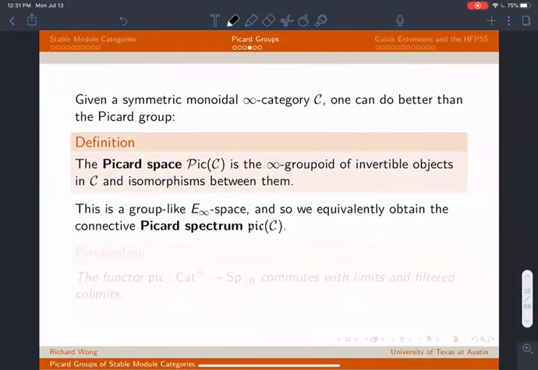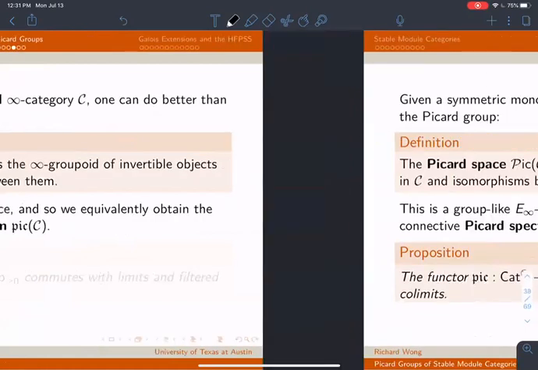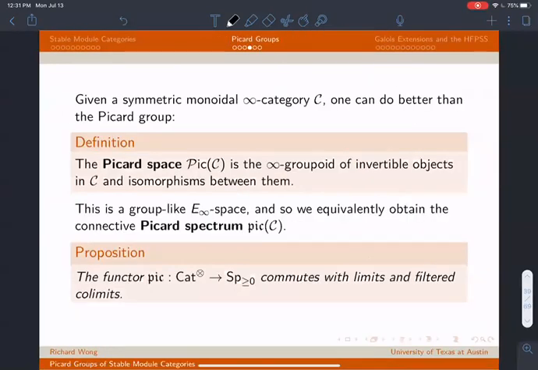This turns out to be group-like E-infinity. And so equivalently, we obtain the connective Picard spectrum. The nice thing about this is that this functor commutes with limits, so this is really good for descent calculations.